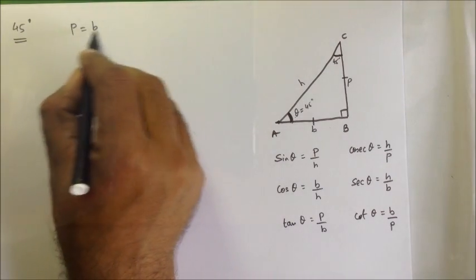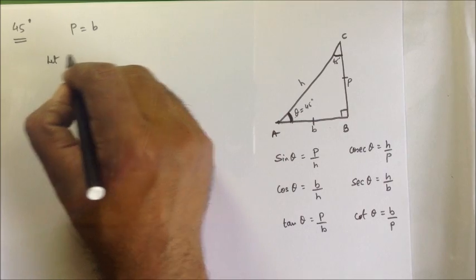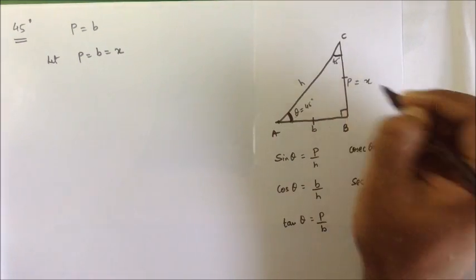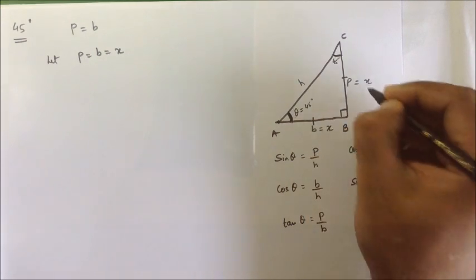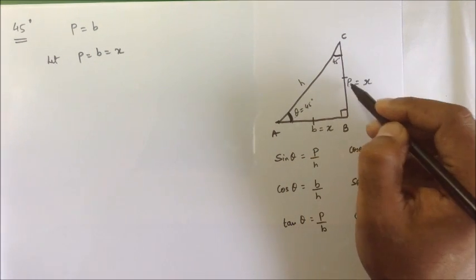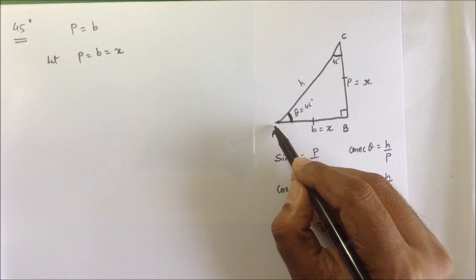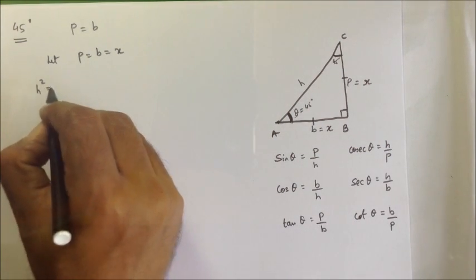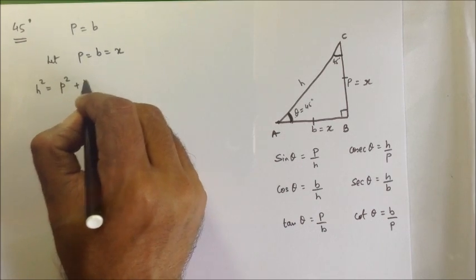Now let's apply Pythagoras theorem. So let P be equal to B is equal to X. I have named this as X and this also as X. So I have let the length of the perpendicular be X and the length of the base be equal to X. Now applying Pythagoras theorem, hypotenuse square is equal to perpendicular square plus base square.